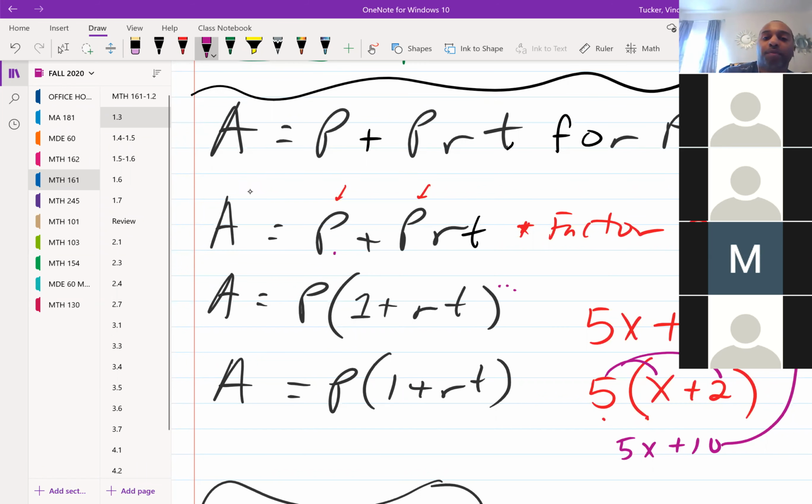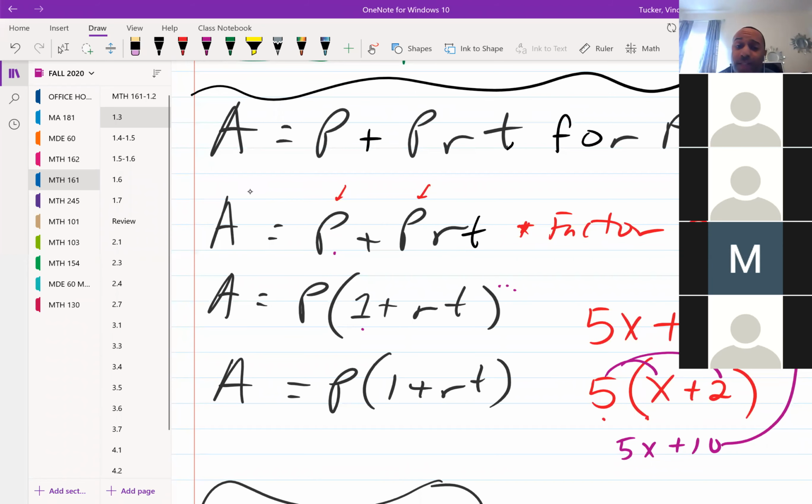So if I have P plus PRT, when I pull P to the outside, I'm left with 1 plus RT inside of the parentheses. Once again, if I multiply this back, P times 1 is P, P times RT is PRT. So it's the same expression, but I have P factored to the outside.